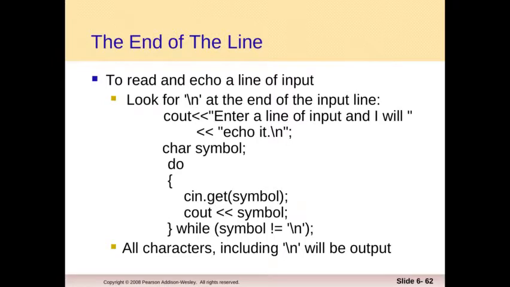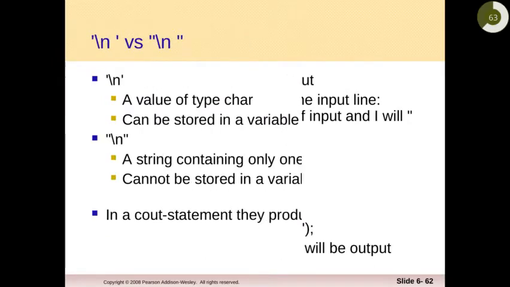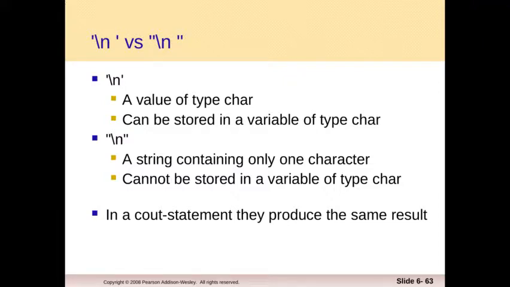If it was a new line, then we're done. We have reached the end of the line and we have already inserted the new line, so there's nothing more to do. If it wasn't a \n, well, then we need to keep going, get the next character, insert it into cout, and so on.